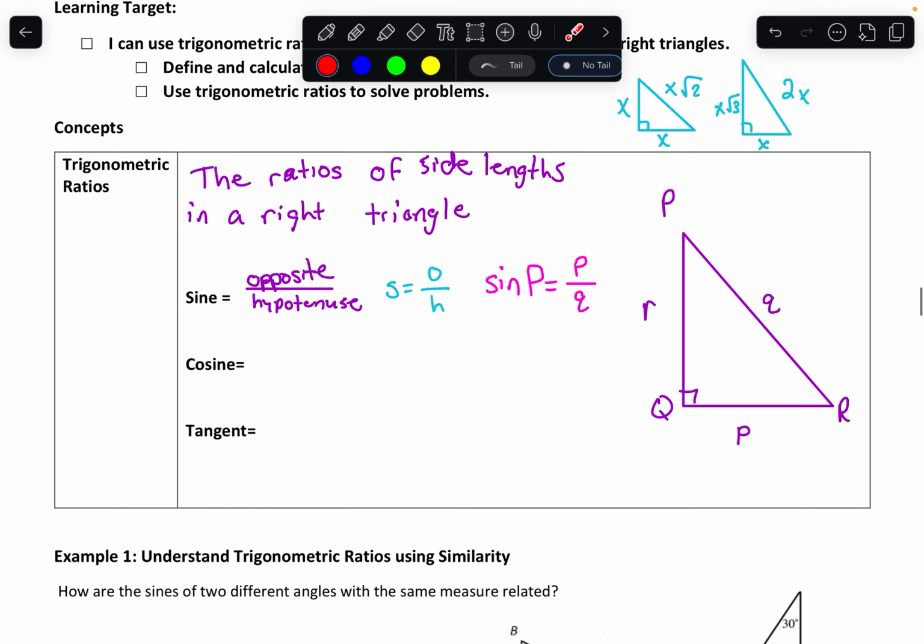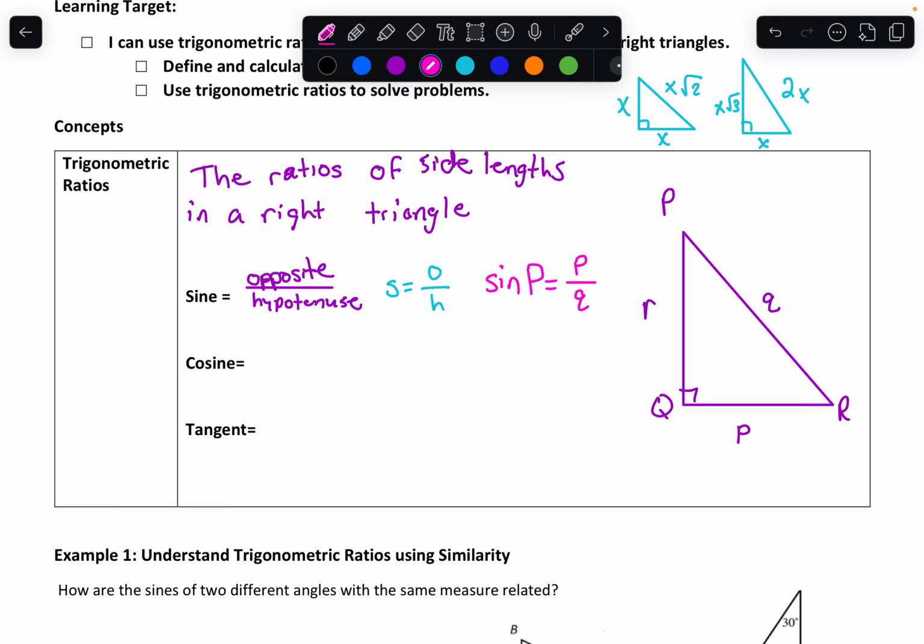The next trigonometric ratio is cosine. Cosine is represented by the adjacent side over the hypotenuse. I can abbreviate this one as well. I can write C for cosine equals A over H. So cosine equals adjacent over hypotenuse.